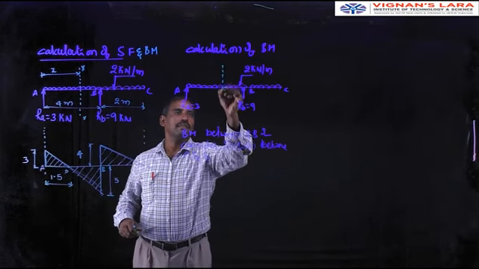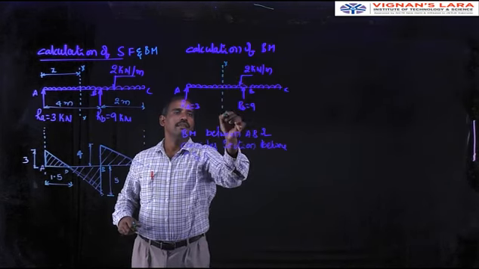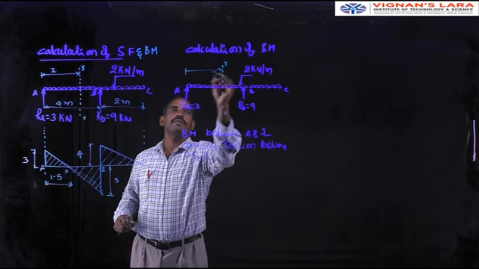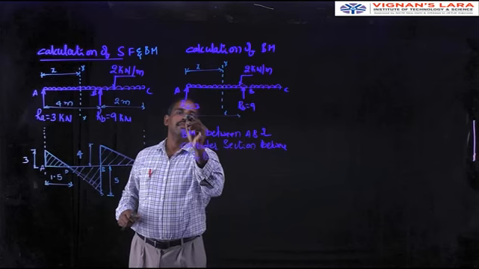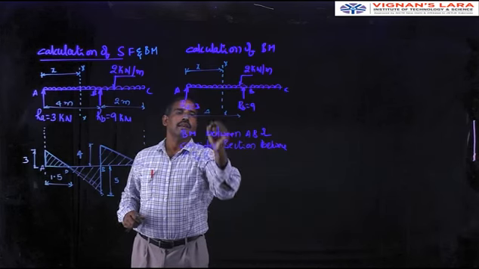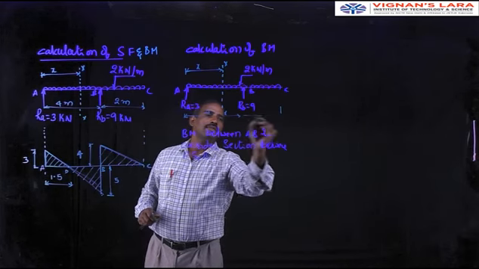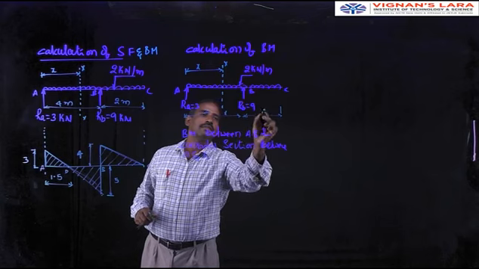This is the section XX, at a distance x from the end A. The entire length is 6, the length between AB is 4, and the length between BC is 2 meters.